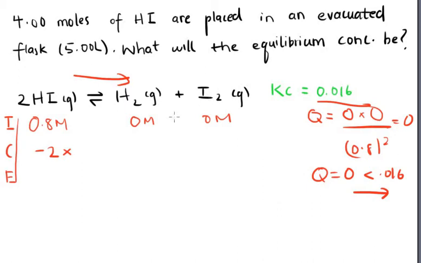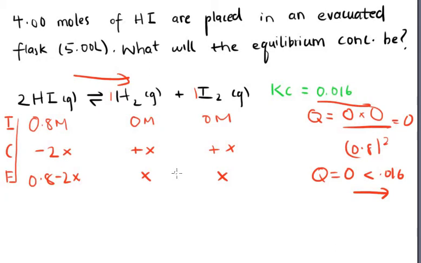Because the reaction is going right, we know the reactants are being consumed and products are being made. So reactants HI are being consumed and H2 and I2 are being made. So we can say plus x, because it has 1 as its coefficient. So essentially this is what we're getting: 0.8 minus 2x, x and x. So these are our equilibrium concentrations.